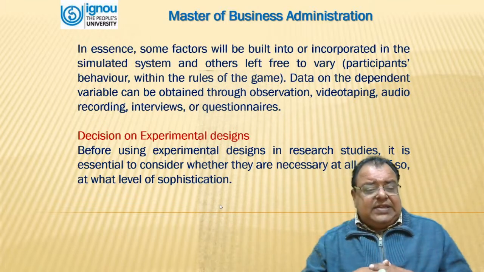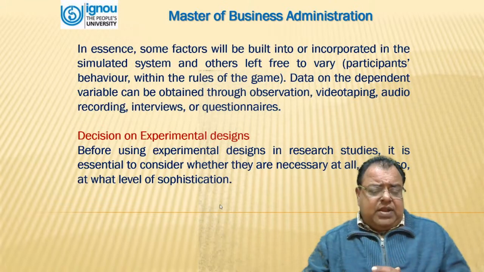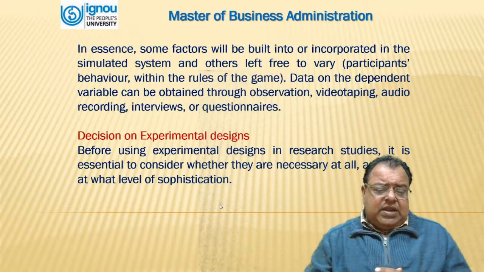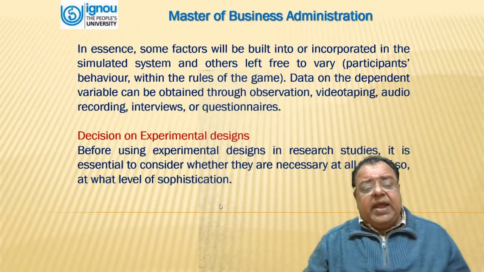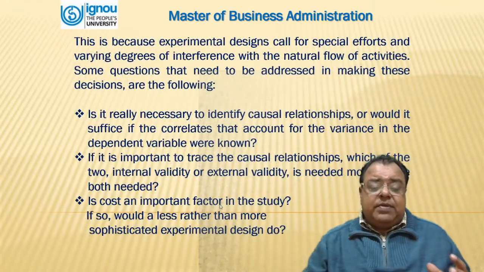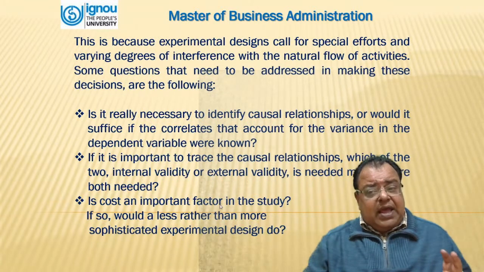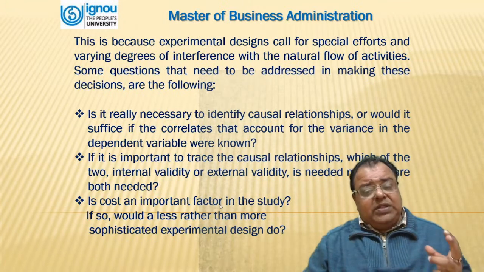Now, what is the decision on experimental design? Before using experimental design in research studies, it is essential to consider whether they are necessary at all, and if so, at what level of sophistication. This is because experimental designs call for a special effort and varying degrees of interference with the natural flow of activities.